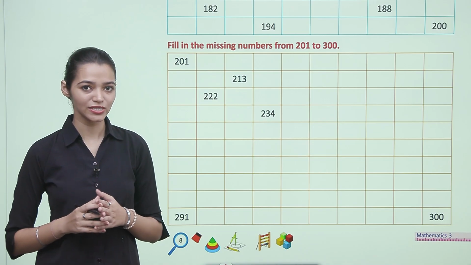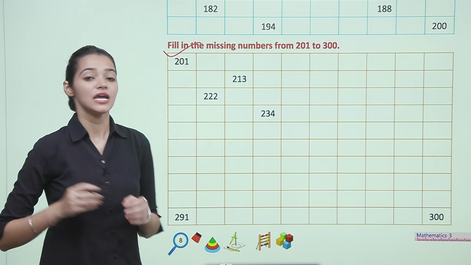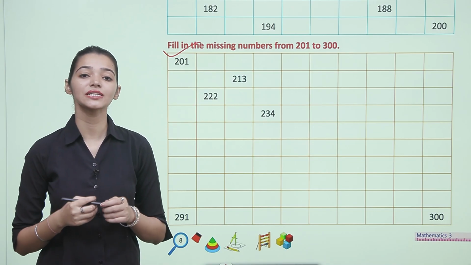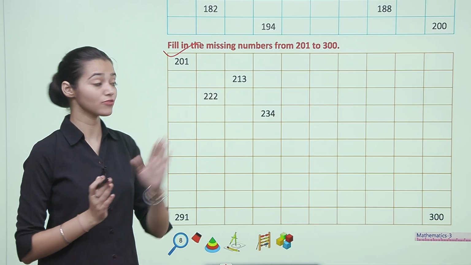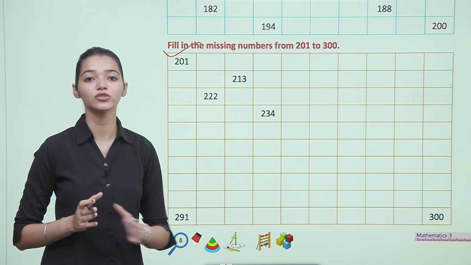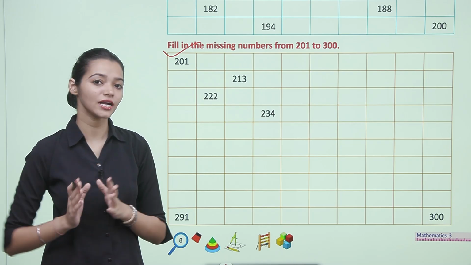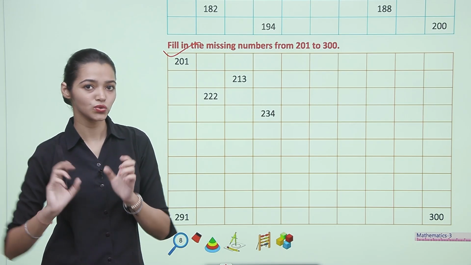Now let's look at the next one. We have to fill in the missing numbers from 201 to 300. Here we have to complete this whole table from 201 to exactly 300, like we did earlier for 101 to 200.